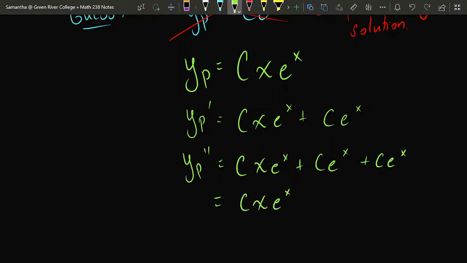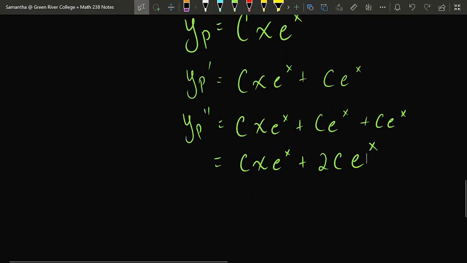After a little bit of algebra, we find that y'' is equal to c x e^x + 2c e^x.